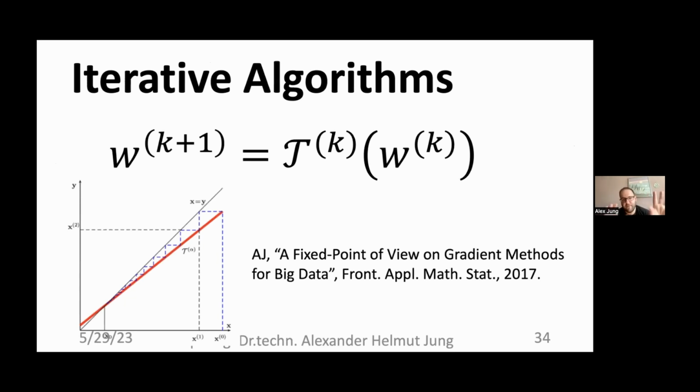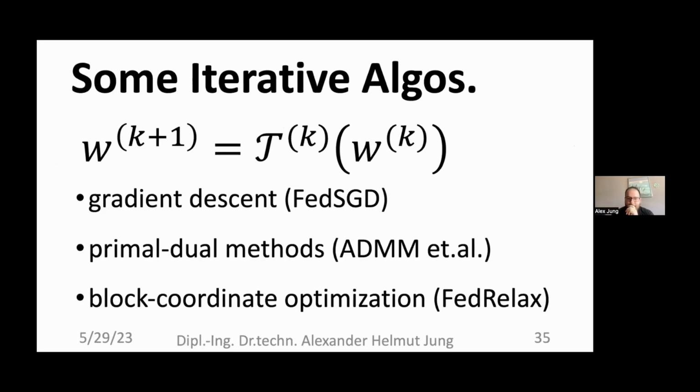This is for me the most beautiful way to approach any computational problem. And it turns out that many of the algorithms that have been applied to federated learning applications are specific choices for the map used in the fixed point iteration.